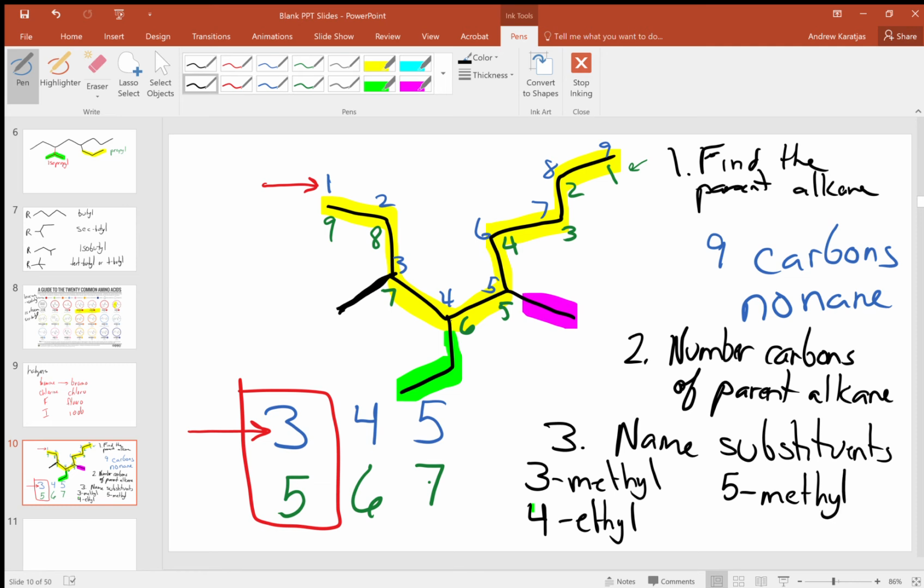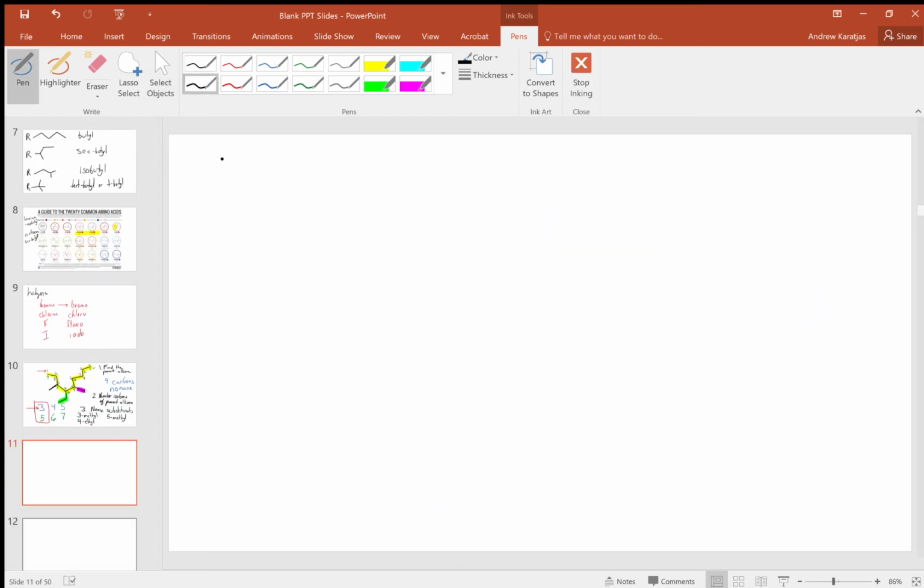Alright. Unfortunately, got to go to a new page because we're running out of room on this slide. But we're going to keep using this information, because the next thing we have to do is combine like substituents.